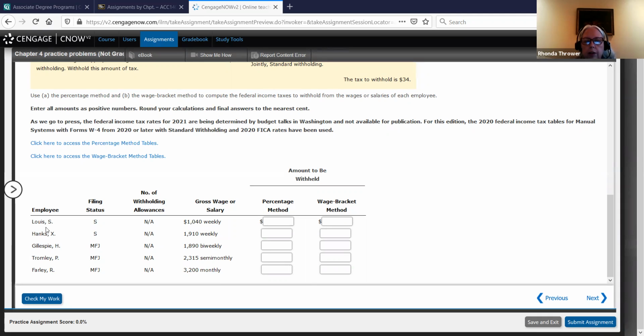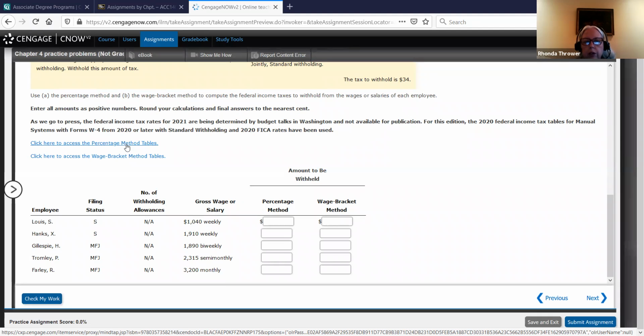But in the case of Lewis S., he was weekly. And they want us to figure out what the percentage method would be first. To learn how to calculate the percentage method, we have to go to our percentage method tables.